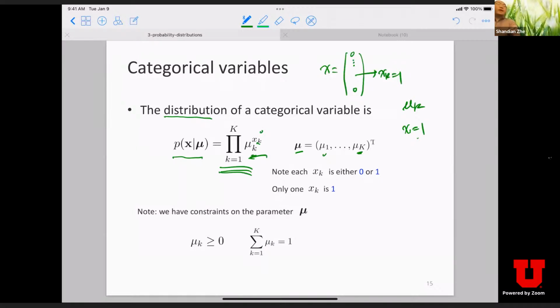So only for the k that corresponds to 1, you have the mu k, the right probability, because the power is simply 1. Does it make sense? This is a generalization of the representation of the binary variable distribution.